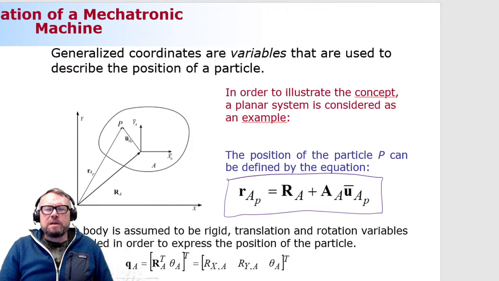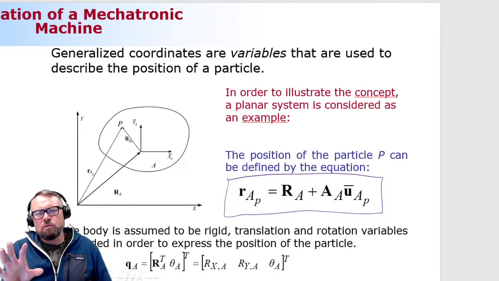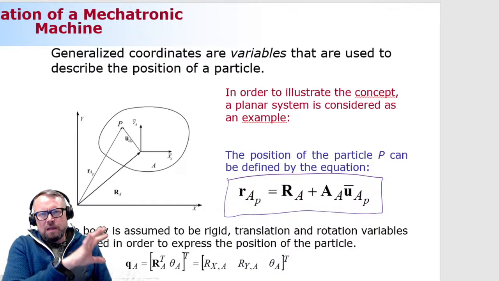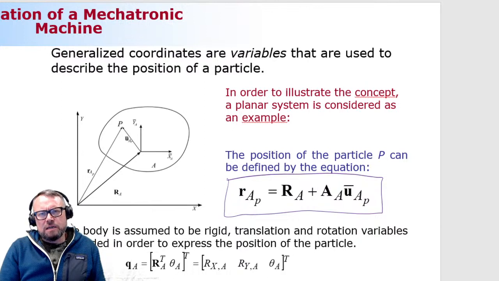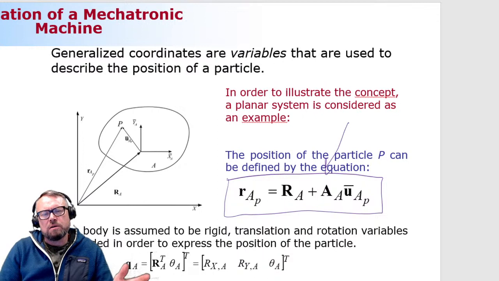Now, what we need to do next is to identify variables that are describing the body configuration. The body can translate and the body can rotate. Which are the variables that are telling us how a body is translated and oriented? This information is hidden in this equation that we already learned a while ago.